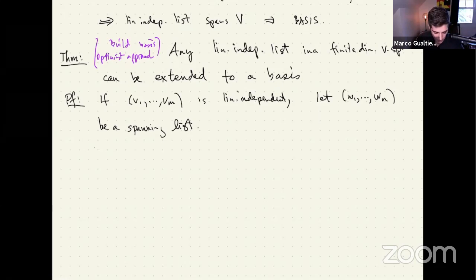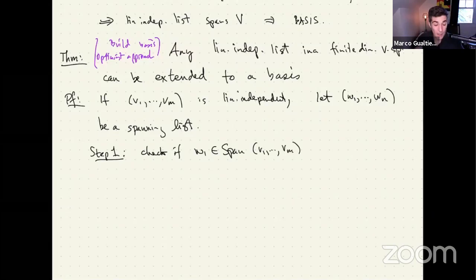Okay, so step one is that we're going to check if W1 is in the span of our linearly independent list. If so, let me call this B, our candidate basis, leave B alone. Leave B unchanged.